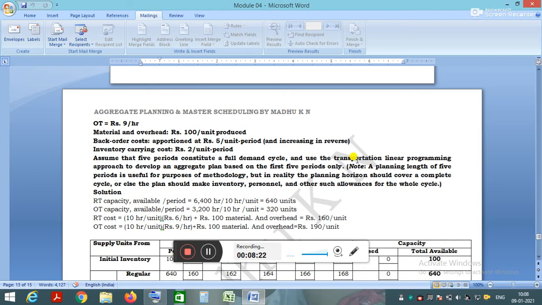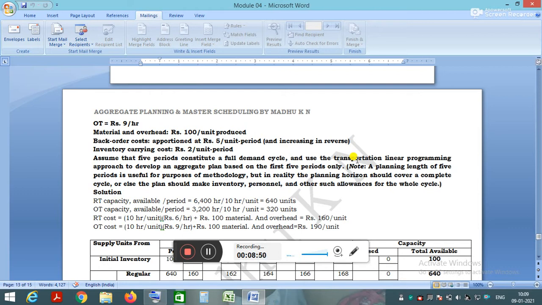Similarly, in the overtime the material cost is 100 plus the labor cost of 90, because in the overtime an extra 3 rupees is paid. For 1 hour 9 rupees is paid, and to produce one calculator 10 hours are required. 90 plus 100, it costs 190 rupees to produce one calculator in overtime.